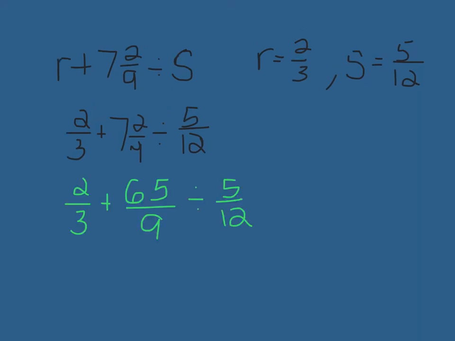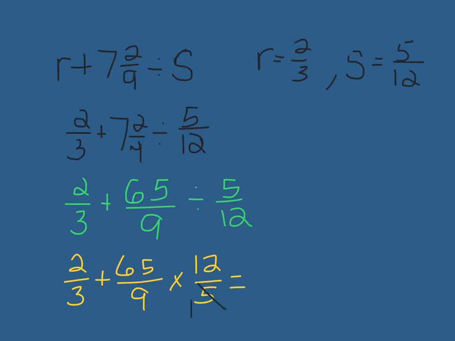So I have 2/3 plus 65/9 divided by 5/12 since I turned my 7 2/9 into an improper fraction. Now I need to rewrite it so that I'm going to be multiplying by the reciprocal, so it looks like this. So 2/3 plus 65/9 times 12/5. So now let me reduce, and I can go 5 goes in there once, and it goes in here 13 times. 3 goes in here 3 times, and it goes in there 4 times.